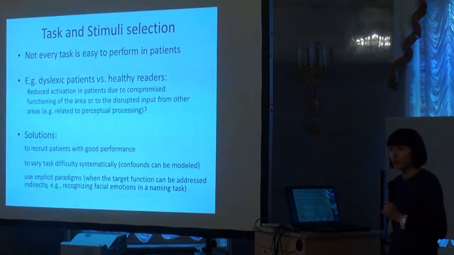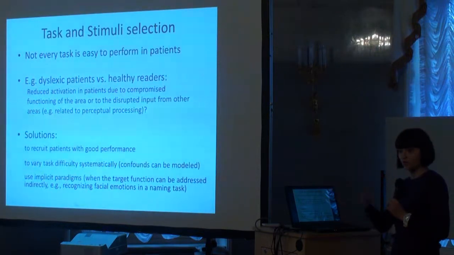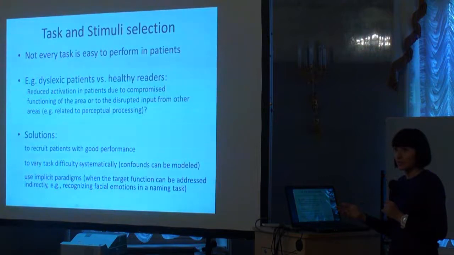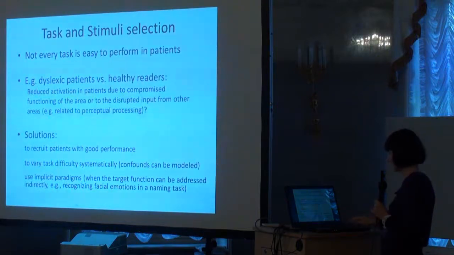So the emotion reactions will come, but you will not address it directly. So you just ask to name all kinds of pictures, faces, for example, or, I don't know, animals in different states. But only you know that there are two kinds of stimuli, emotional and non-emotional. And then you do your statistics and you get the result. The participant doesn't know that.